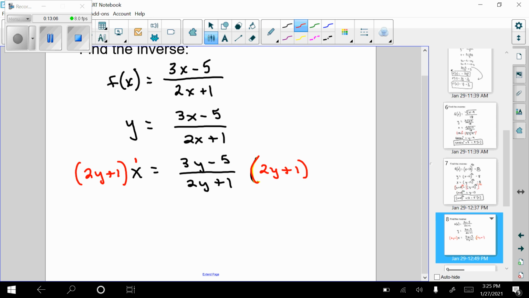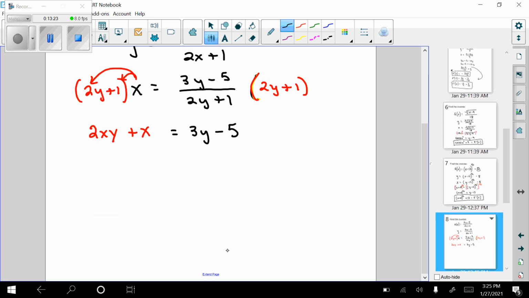So now if I distribute my x, I have 2xy plus x equals 3y minus 5. So now in order to solve for y, you have to get all of your terms with a y on one side and all of your other terms without a y on the other side of the equal sign.